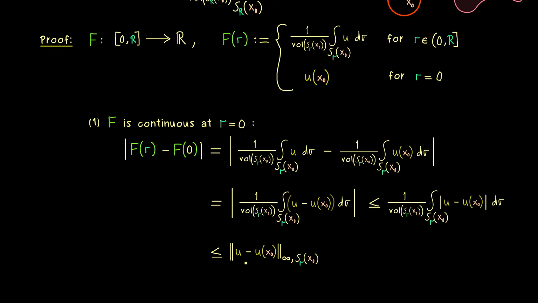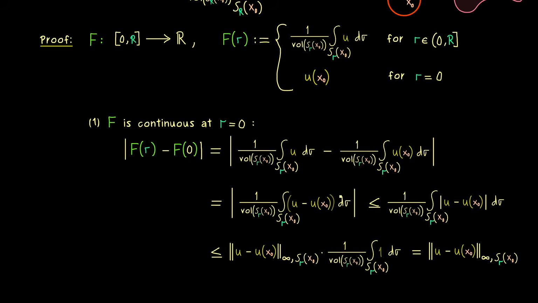And to be precise, the supremum norm is actually only taken with respect to the sphere with radius r. And then what remains on the right hand side is just the integral where we integrate the one function. And there you see the surface integral here is exactly our generalized volume of the sphere. So this completely cancels and only the supremum norm remains.